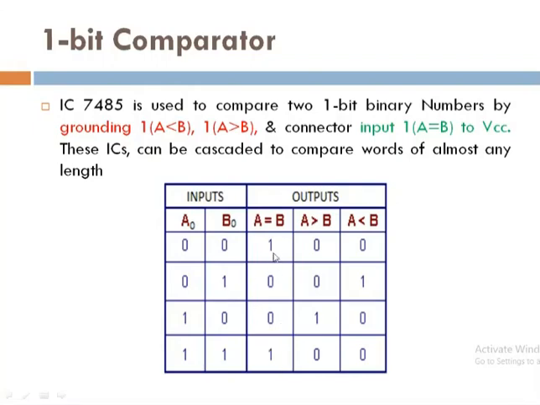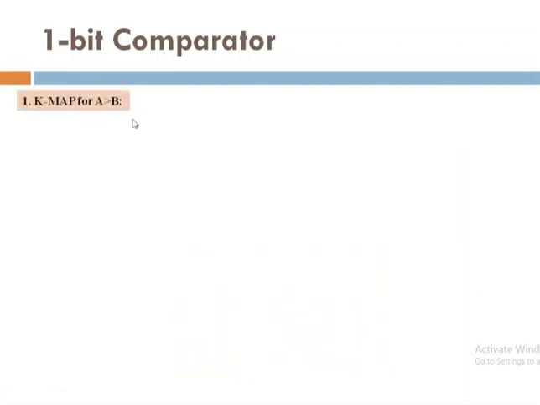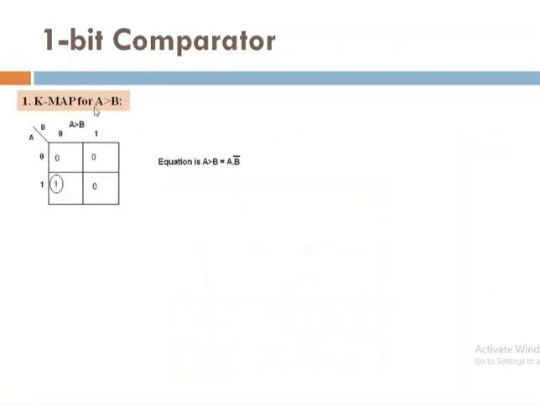So you need to map these high values into a K-map. For A is greater than B, the cell number 2 (counting 0 1 2 3) has a high value. This is a group of only an individual cell. So write down the SOP form of this one: here B is 0 and A is 1, so A into B bar.